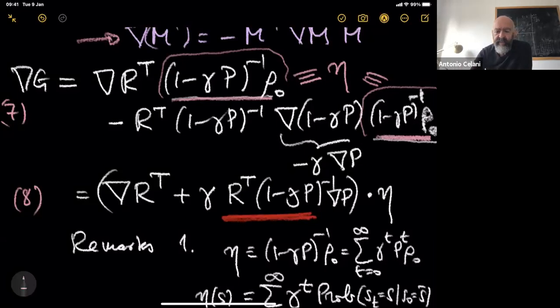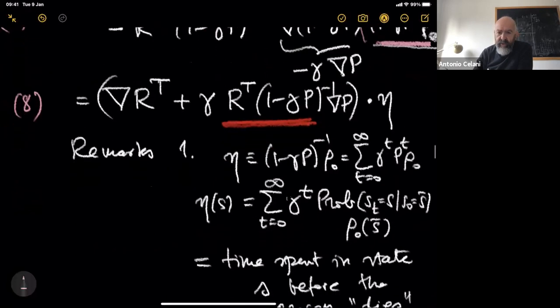Now, what is eta? We just have to rework through our definition. So make one step back and remember that the inverse is actually a sum of the powers of these gamma p's.